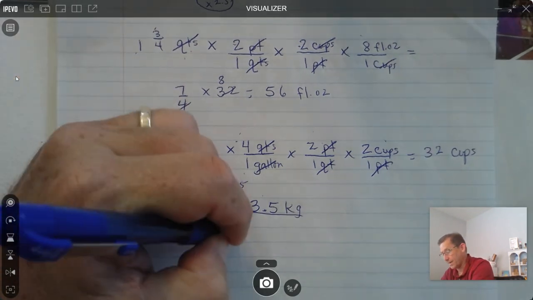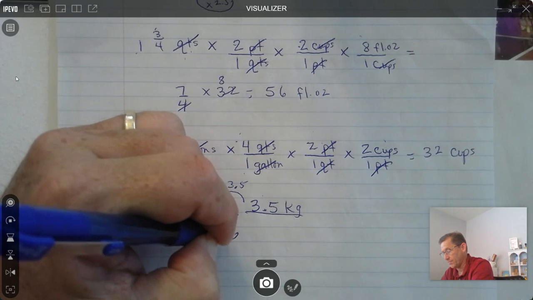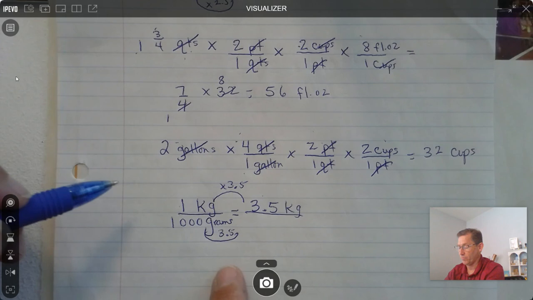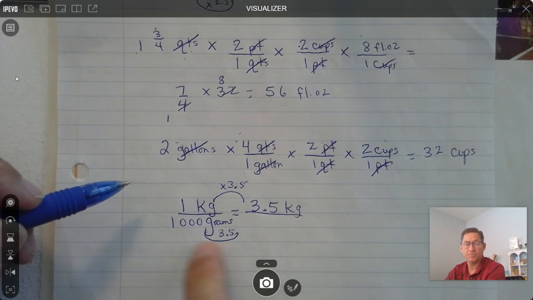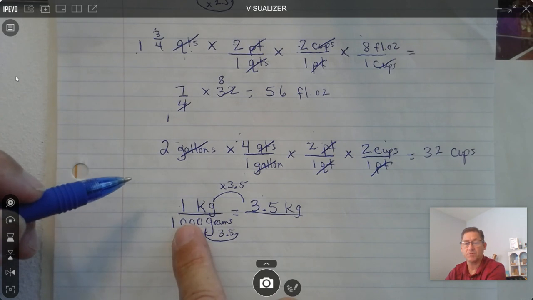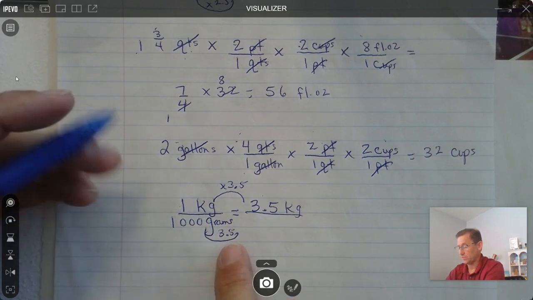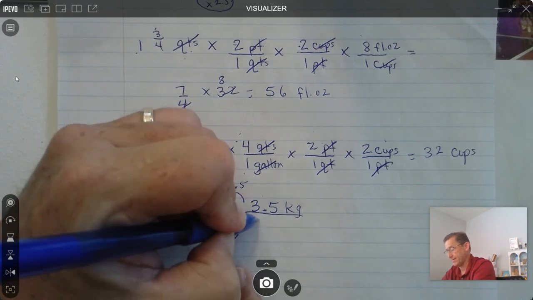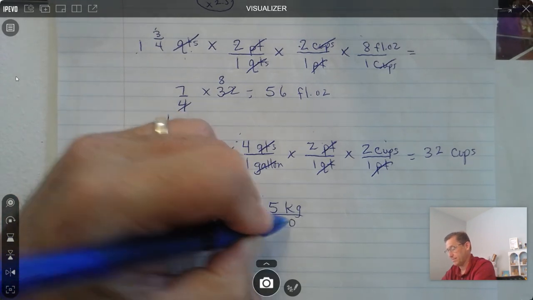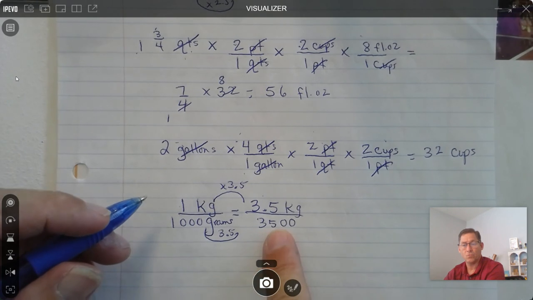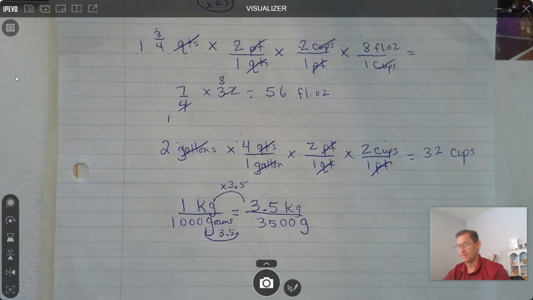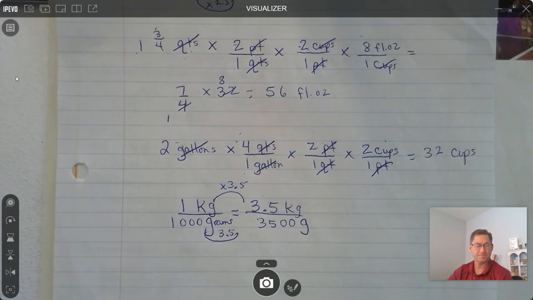So I'll also multiply 1,000 by 3.5. Okay, remember when we multiply a decimal by a power of 10, we're moving the decimal point that many places. So we're going to move it 1, 2, 3 places. So 3,500 grams.